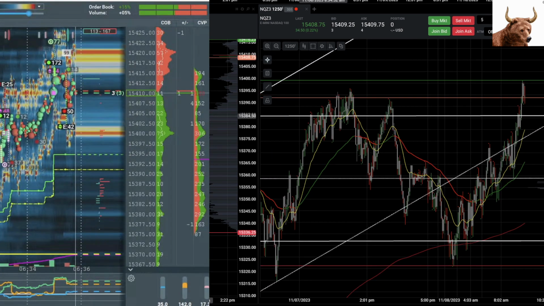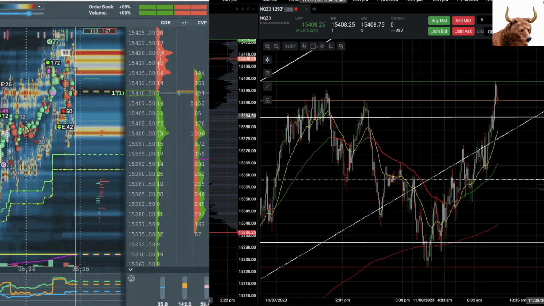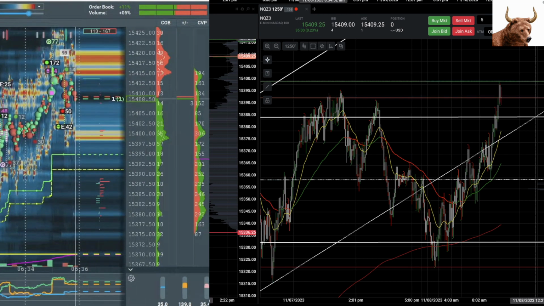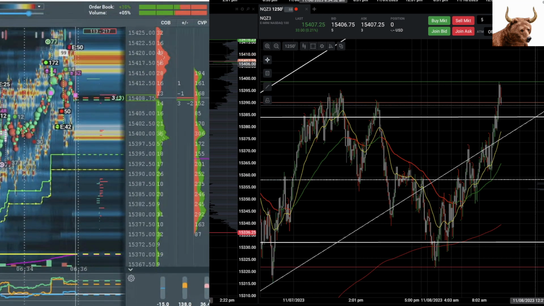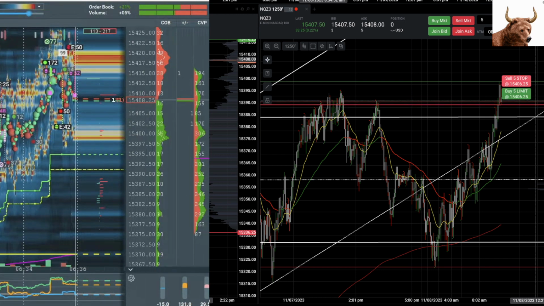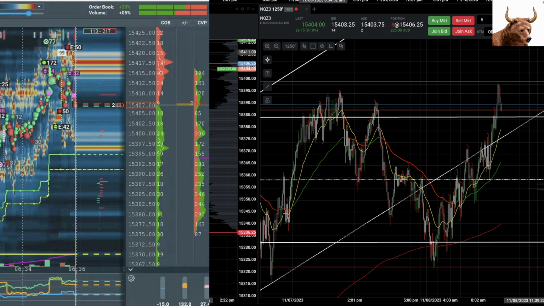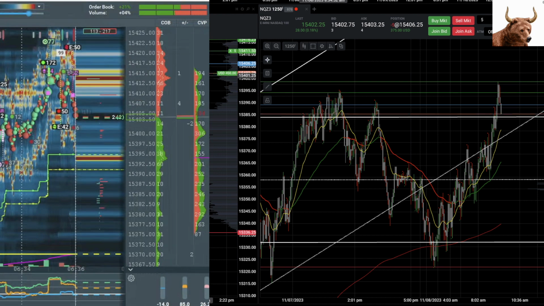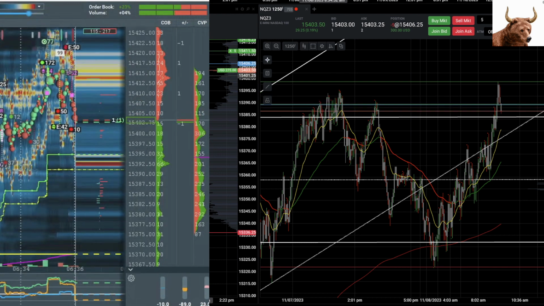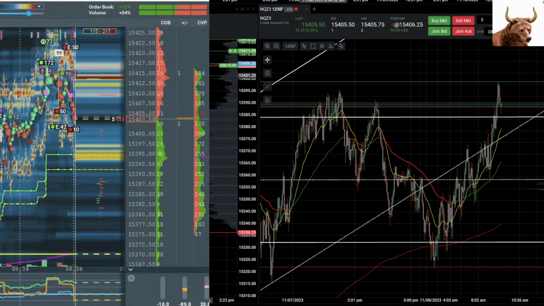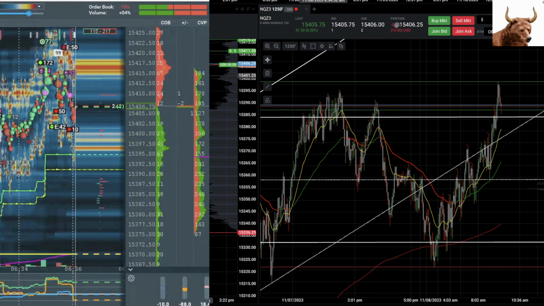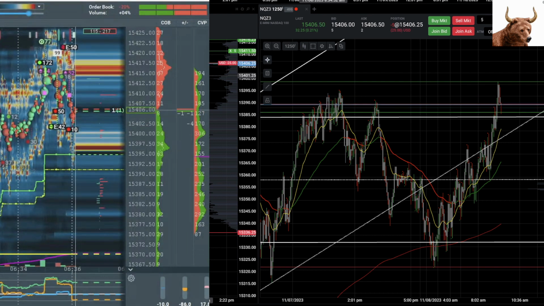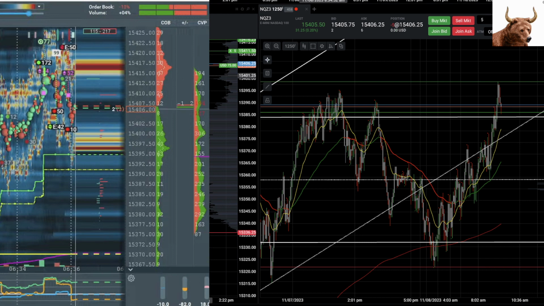Most important thing is to remain level-headed and not just jump into trades. So if we break below right here, it might be a good short. There it is. Come back down, and there's the wick. So bulls are trying to base above.